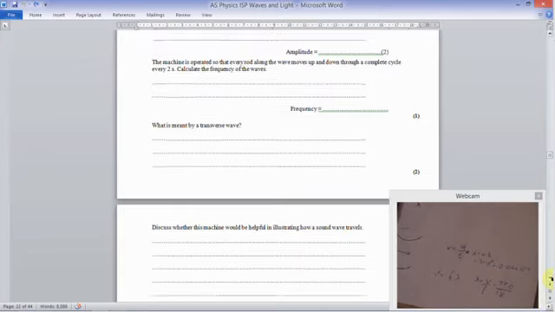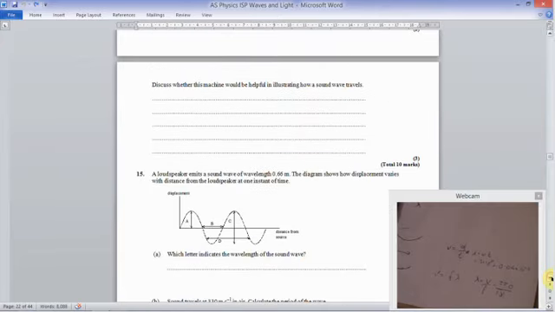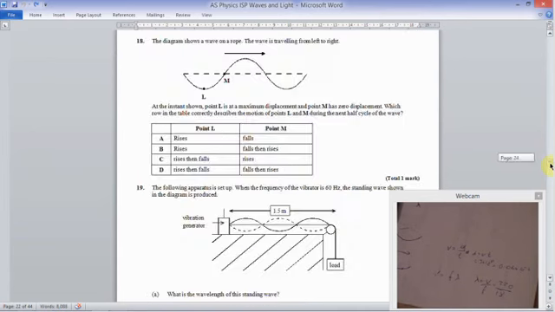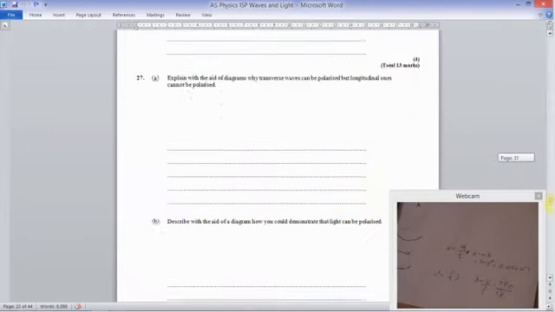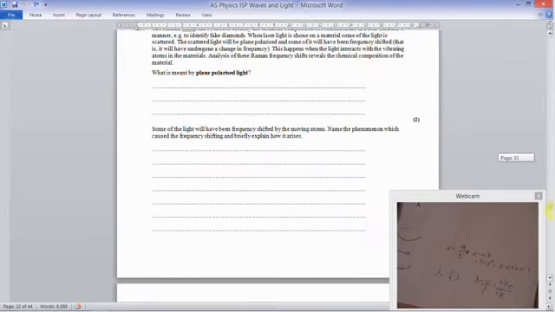Discuss whether this machine will be helpful in illustrating how a sound wave travels. Well, no, because in a sound wave, remember, it's parallel to wave motion, and this only shows perpendicular to wave motion. Sorry, let me say this again.